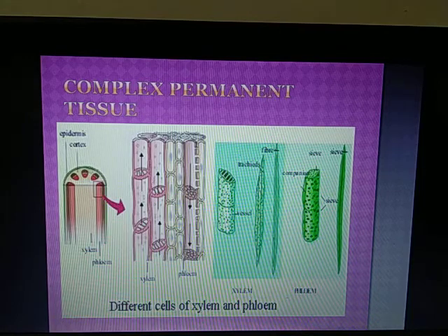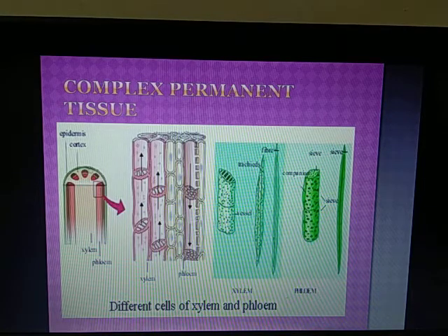It can be upward, downward, or sideways. So this is about the function of your phloem. Now location, it is centrally located and it is present in the veins of the leaves.